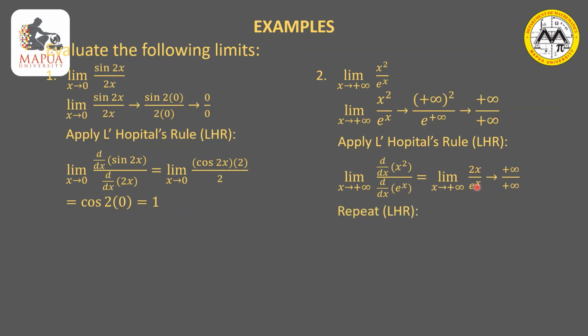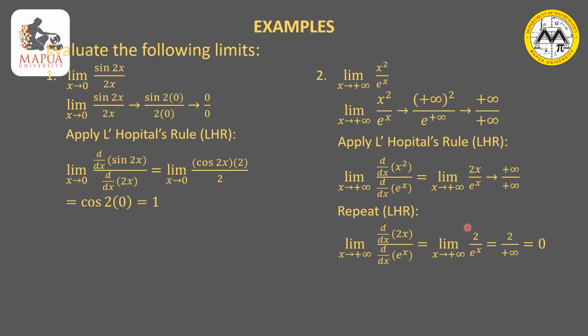So the second application of L'Hopital's rule, evaluating the limit of the given fraction here, would be undertaken as follows. Evaluate the limit as x approaches positive infinity of the derivative of 2x to the derivative of e to the x, where in the numerator we just have a 2 and the derivative of e to the x is e to the x.